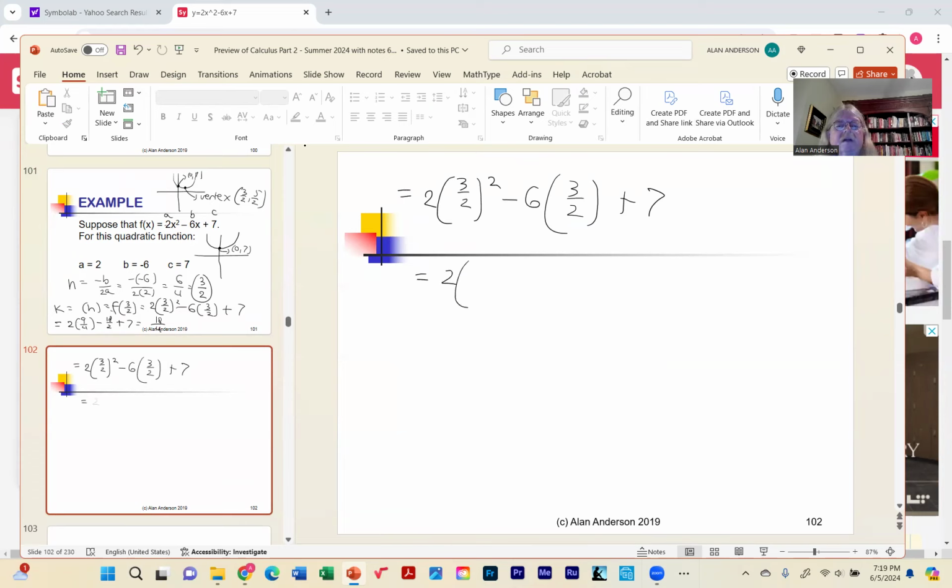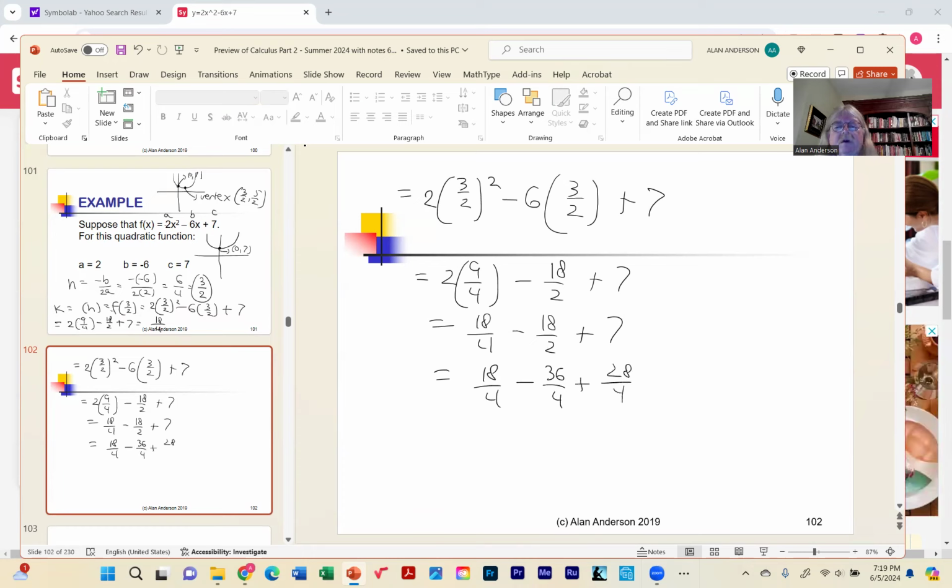All right, so we have 2 times 9/4. Now here we have 18 halves, 18 quarters. So for something like this, what we usually do is try to find a common denominator. So here I'm going to rewrite this as 36 over 4 by multiplying it by 2 over 2. And then here that makes this 28 quarters.